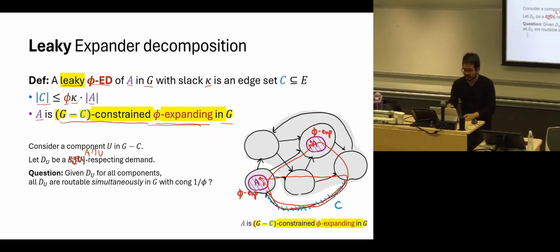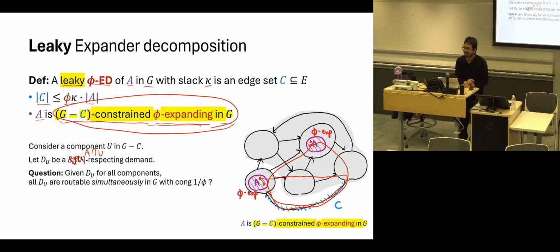But just from the definition, it really just says that given demand on every component at the same time, you can route all of it with low congestion.